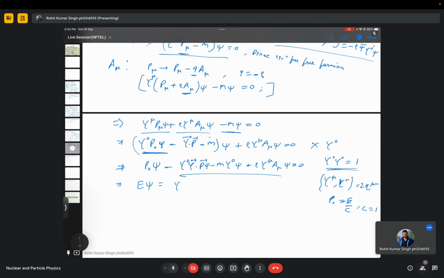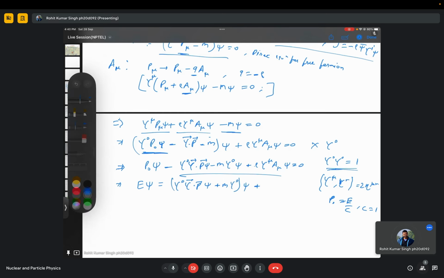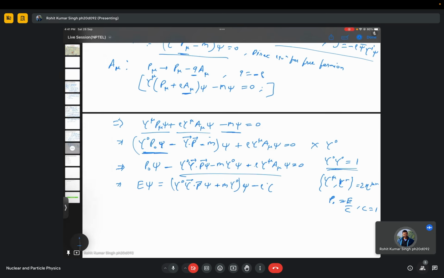So we will get gamma 0 gamma dot p psi plus m gamma 0 psi minus this quantity. Now you have this equation, right?